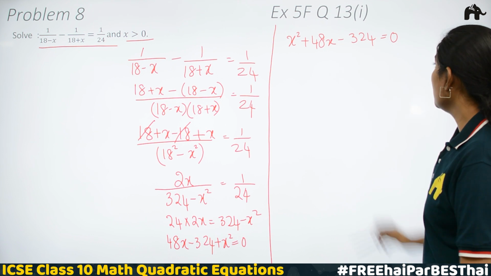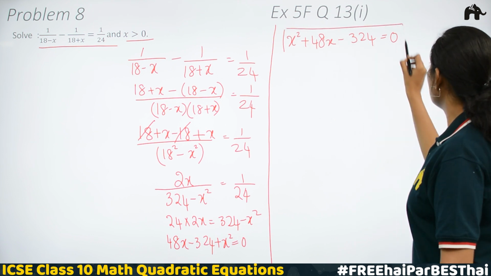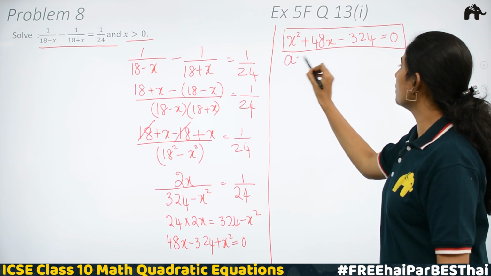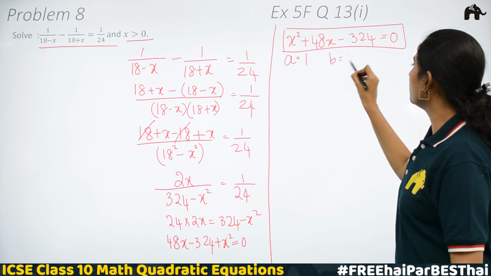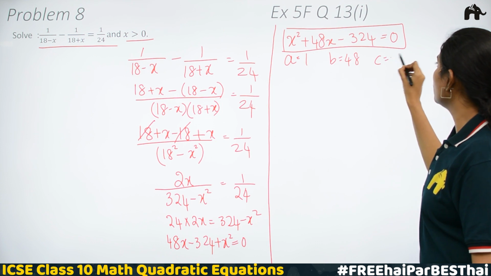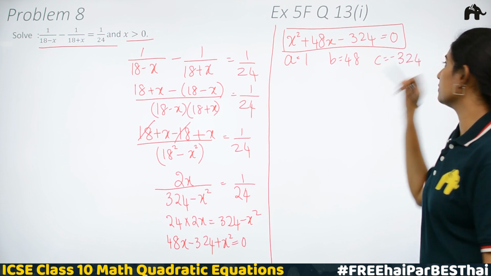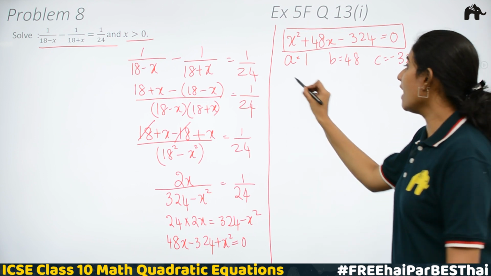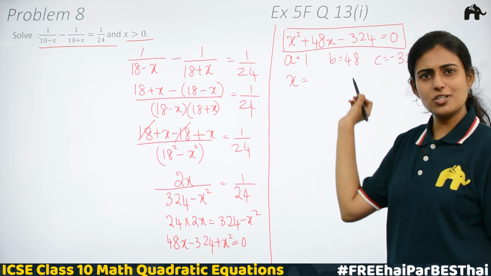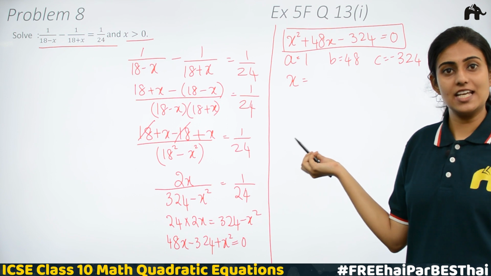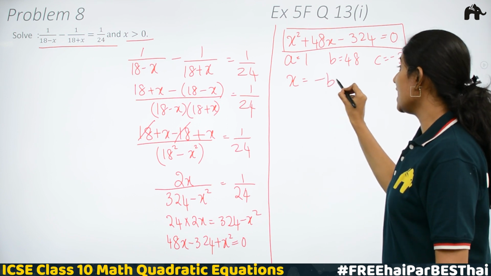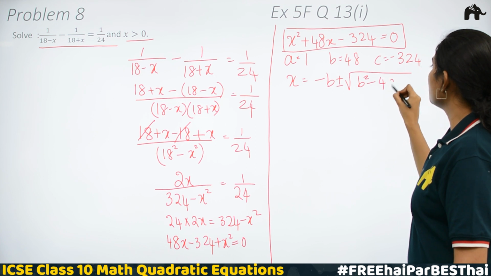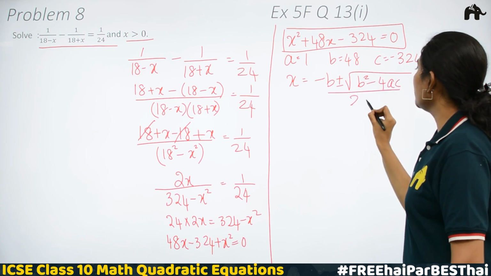Okay. Now this is a standard form of quadratic equation. The value of a is equal to 1, b is equal to 48 and c is equal to minus 324. Then how do you find x? We have the formula: x is equal to minus b plus or minus root of b square minus 4ac, divided by 2a.